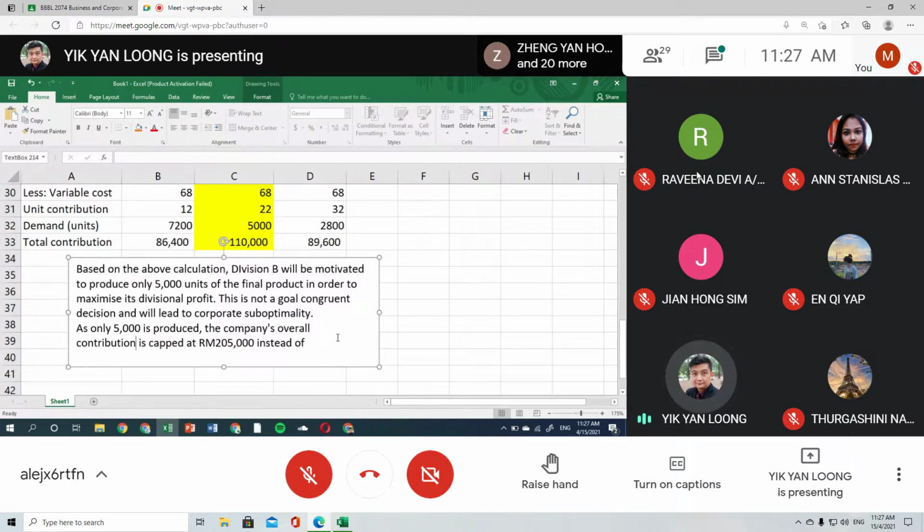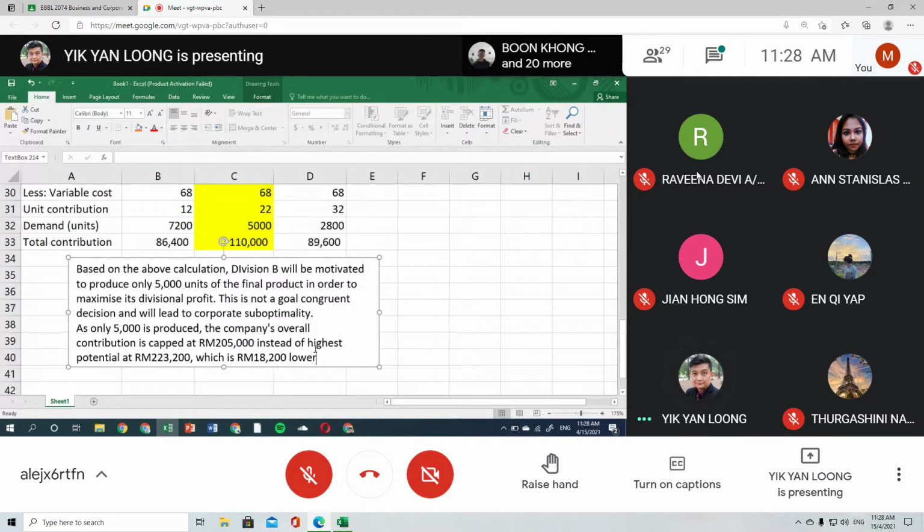It's kept at 205,000 instead of the highest potential at 223,200, which is how much? 18,200. 223,200 minus 205,000, yes, 18,200.